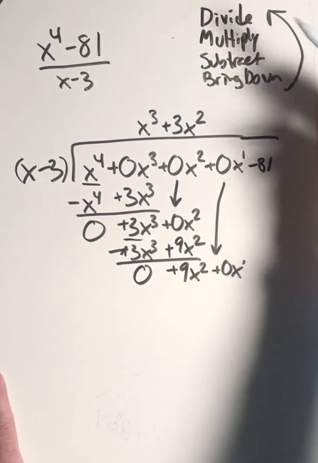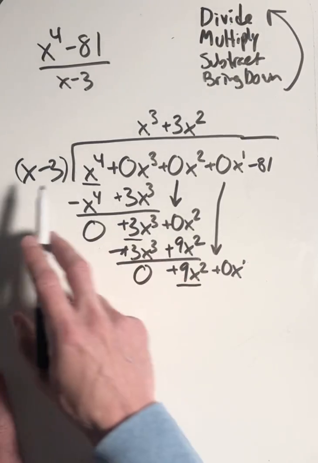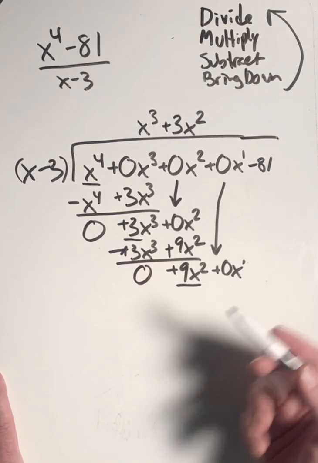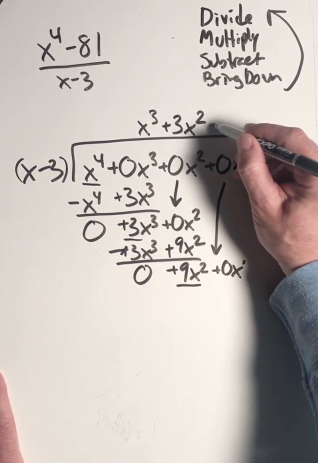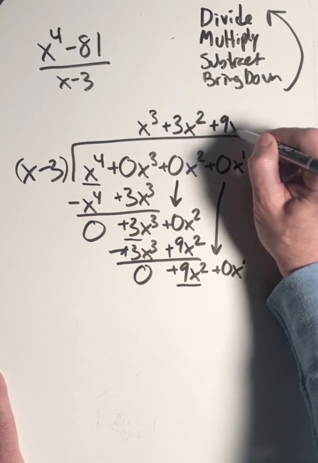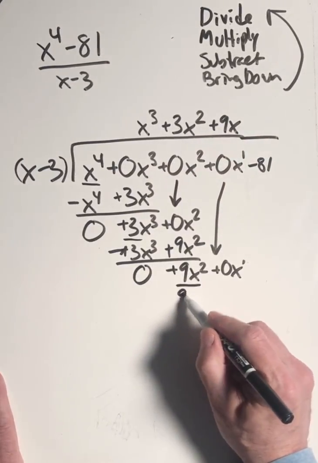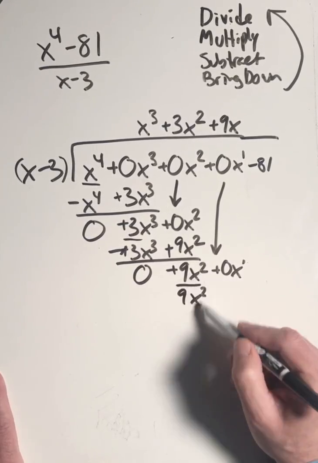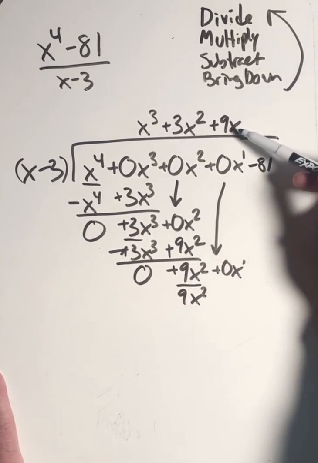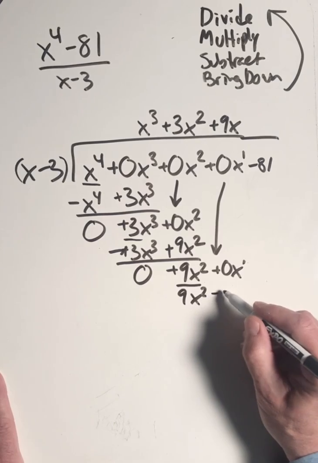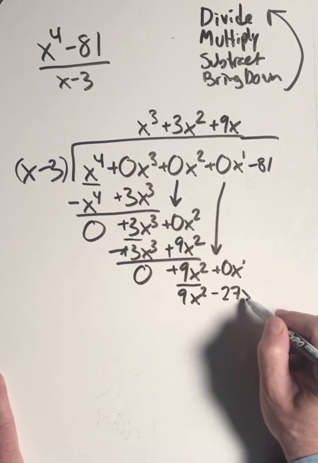Now I'll repeat the process and divide positive 9x squared by positive x, and that's going to go in positive 9x times. 9x times x is going to be 9x squared. That's identical, and it has to be. Positive 9x times negative 3 is negative 27x.